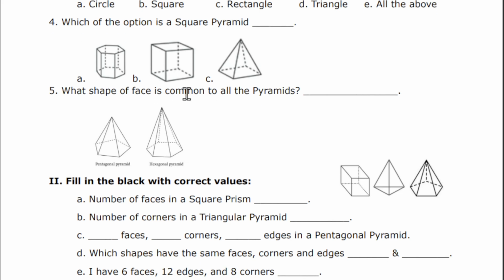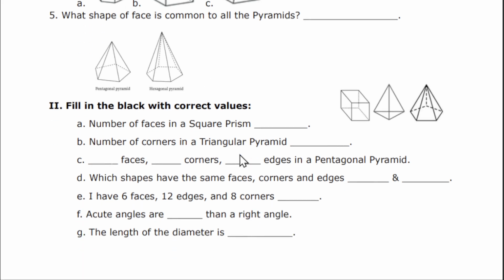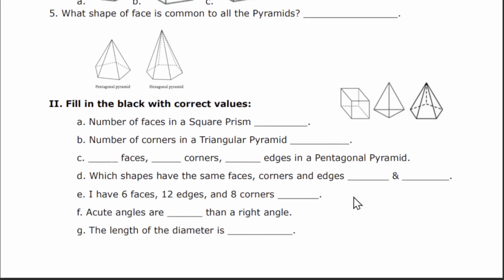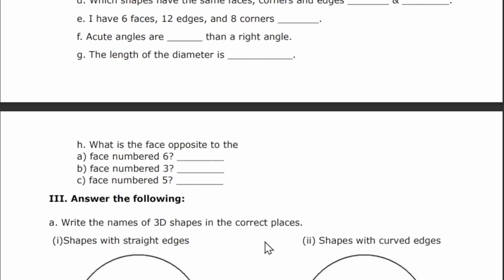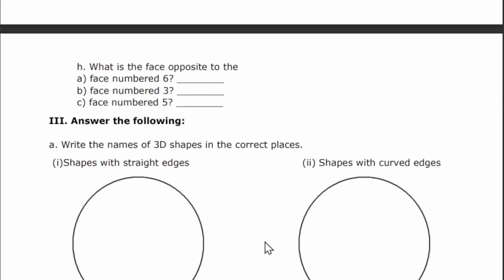What shape is common to all pyramids? The triangular shape is common to all pyramids. Fill in the blanks with the correct values: number of faces in a square prism, number of corners in a triangular prism, blank edges in a pentagonal pyramid. All these are important questions for your examination.